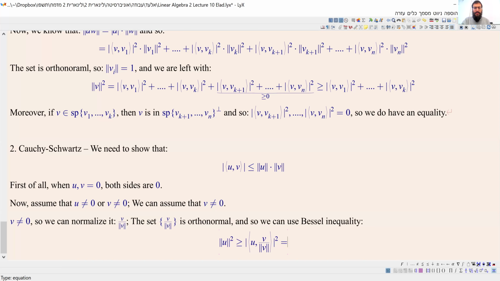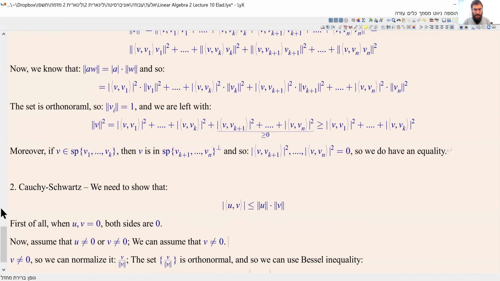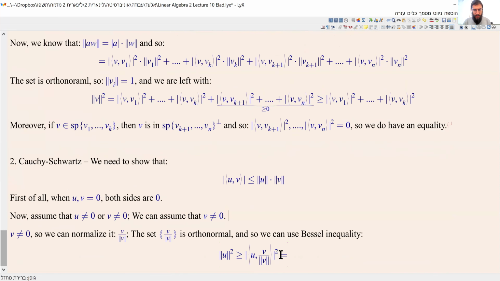We know that V is multiplied here by the scalar one over the norm of V, and we know how to take a scalar out of an inner product.